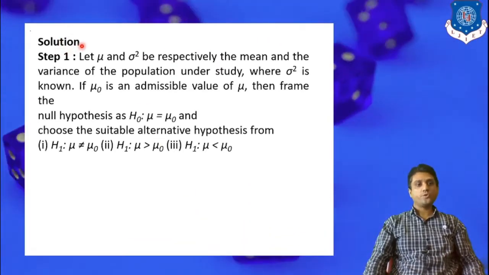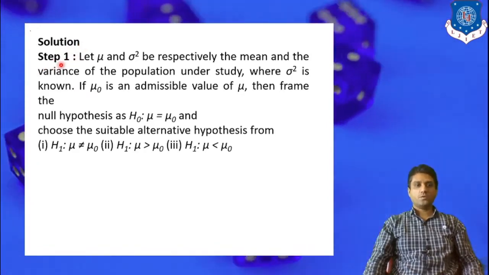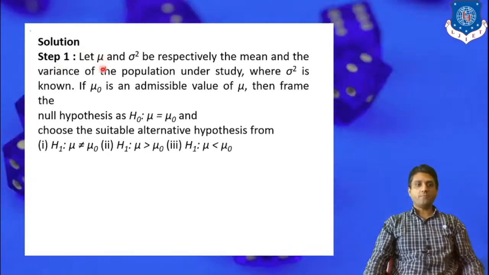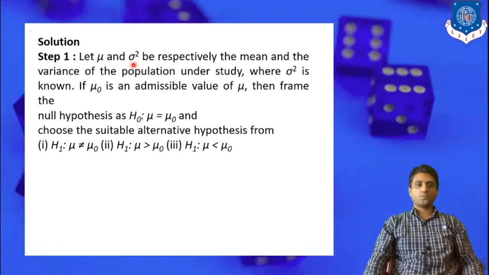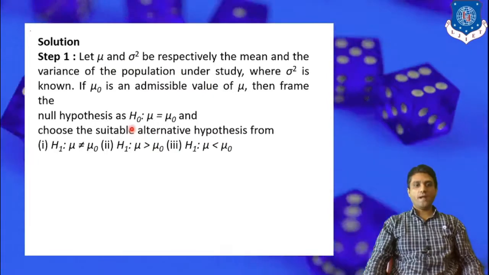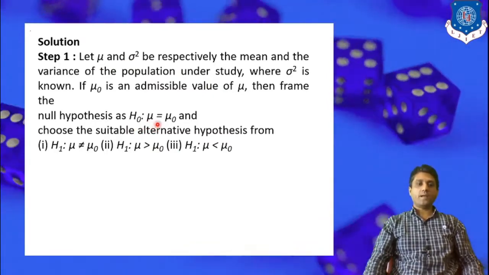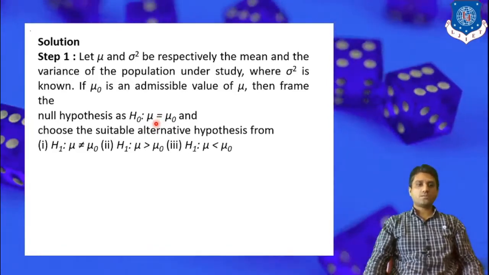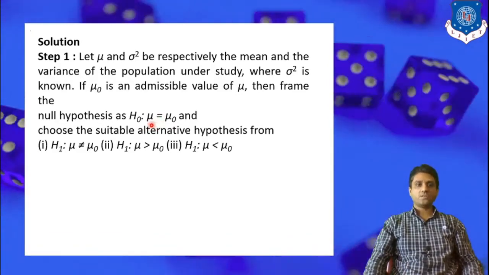Let's start the solution, and here again we revise step number 1. In step number 1 we identify the statistical data, that is mu and sigma square, the mean and variance, and we create a null hypothesis, H0. Generally the null hypothesis is the same thing that the manufacturer, industry, or some particular person tells, that is mu is exactly equal to mu 0.